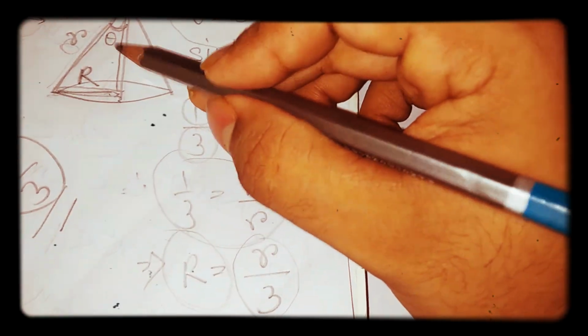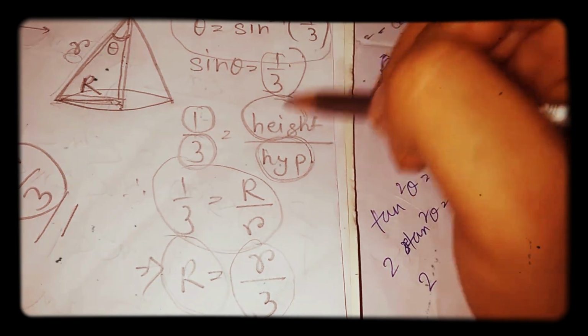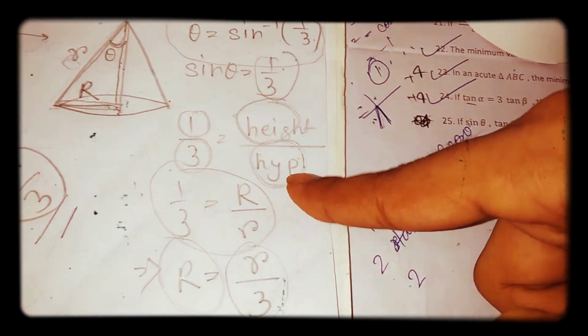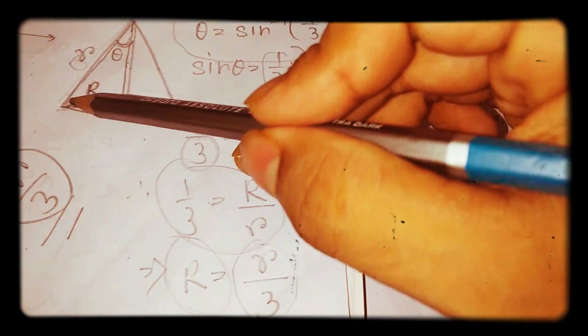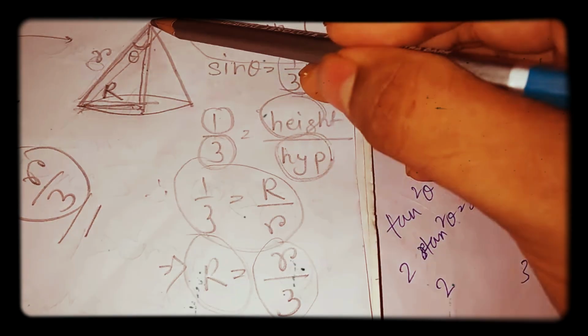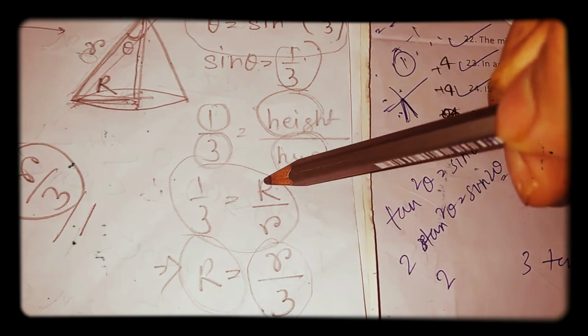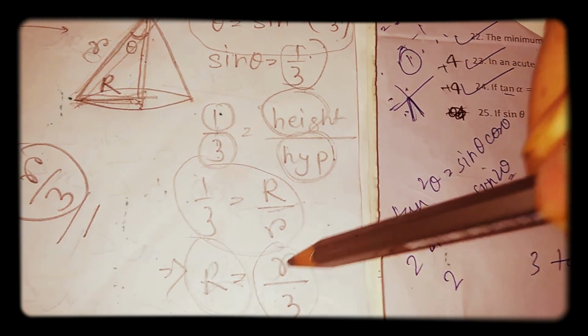So if that is capital R, moving to the question, we are given this angle, sine inverse 1 by 3, so sine theta is 1 by 3. We can compare it with height by hypotenuse, obtaining capital R by small r. So capital R by small r is 1 by 3, so capital R is small r by 3.